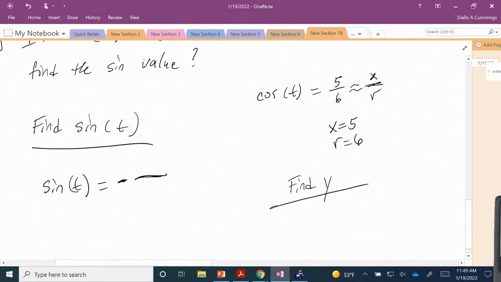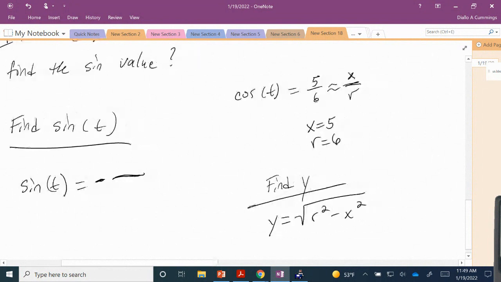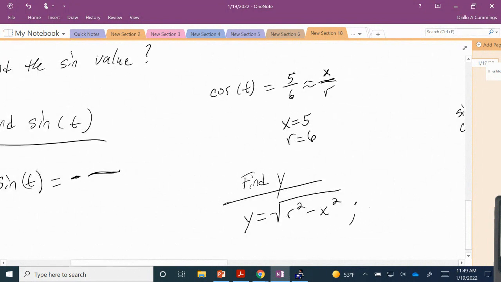All right, so I'm going to use a formula to find y. So y is equal to the square root of r squared minus x squared. I'm going to substitute r for 6 and x for 5.